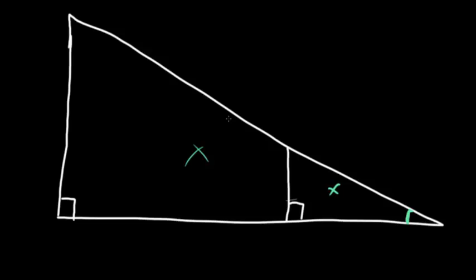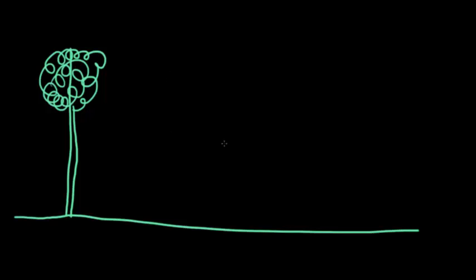Now, where this actually comes in handy is in word problems like this one right here. Let's say we got a big tree. Isn't that a great artistic tree? So we got a big tree here. And then we have Joe Bob.